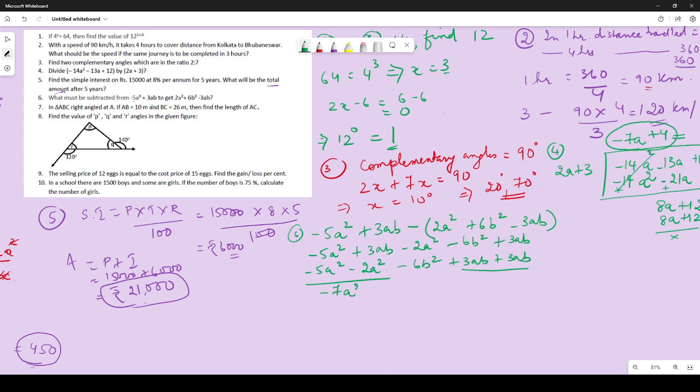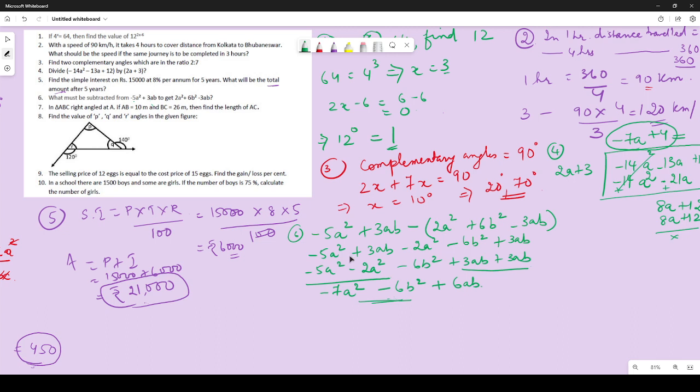So this becomes minus 7a square along with this will be minus 6b square and plus 6ab, both signs are same, so they will be added and the sign remains the same. So this will be the final answer for question number 6.